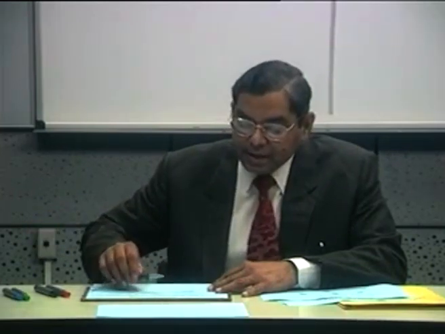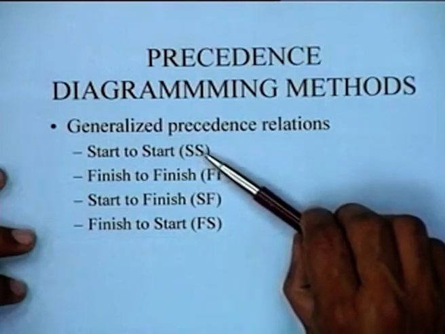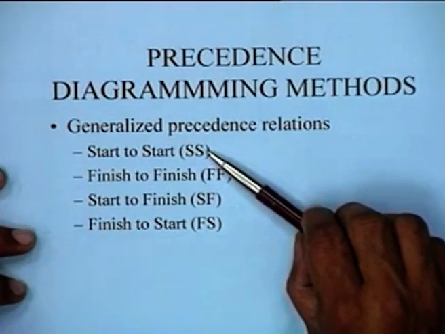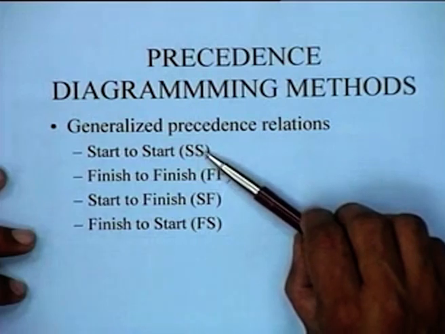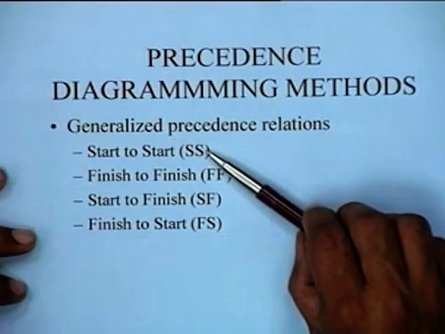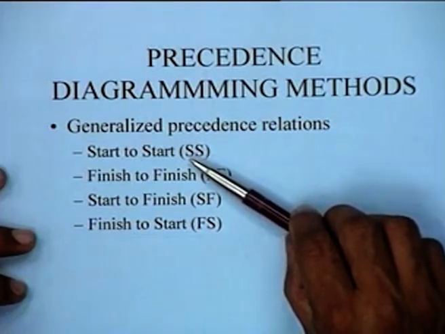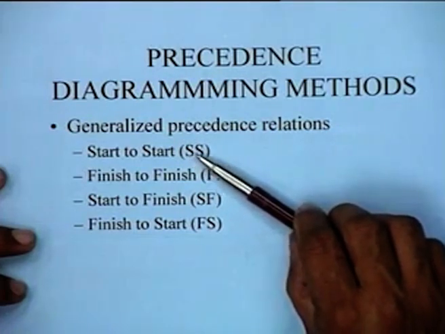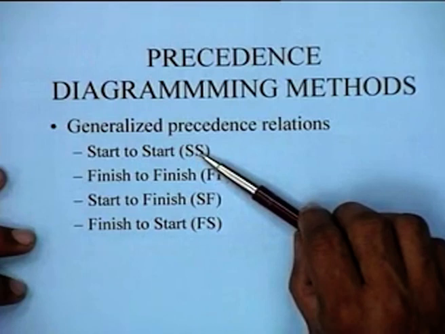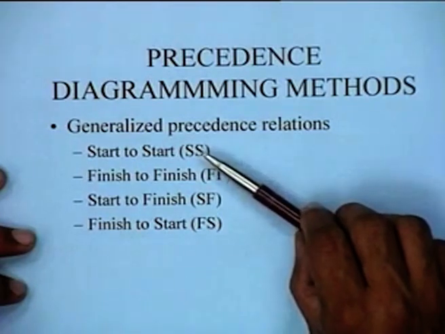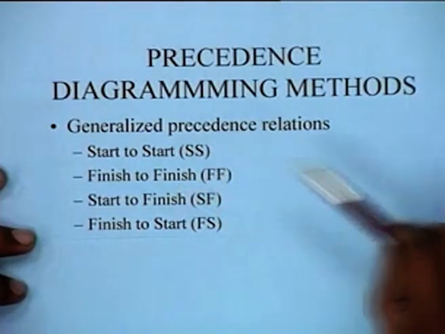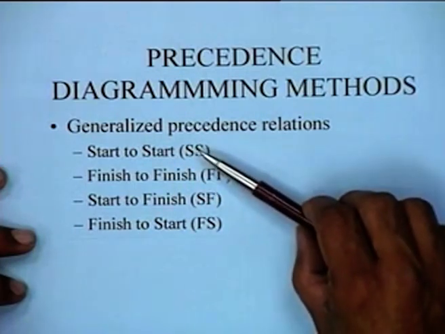So if you want to impose a restriction there, you can use an SS lag. An SS lag means, if I specify an SS lag, it would say that the plastering can start after the start of the pouring of the concrete after maybe 5 hours, if I specify a time of 5 hours, in that sense. And most of these activities can take place in parallel.